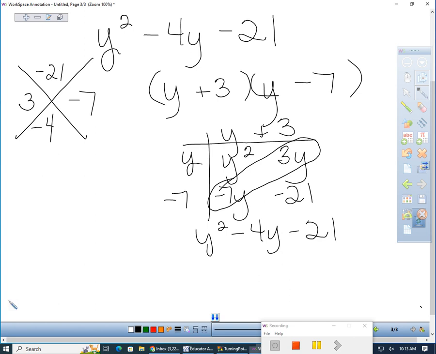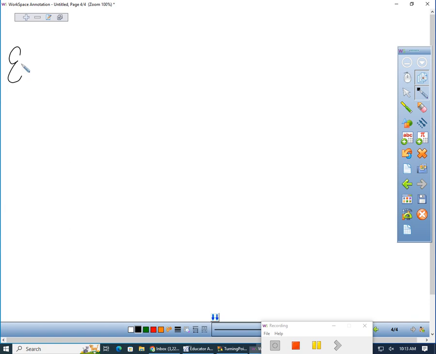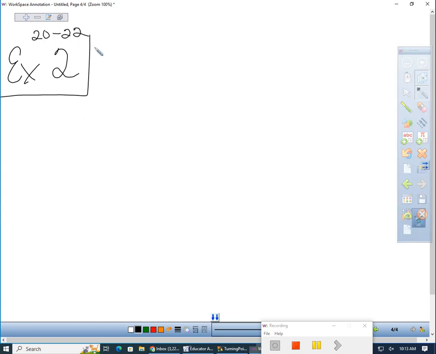Let's move on to the next section. Example number 2. This is going to cover your 20 and 22. The directions in your book ask you to complete. I want to explain the directions, what they're asking, and what I expect.